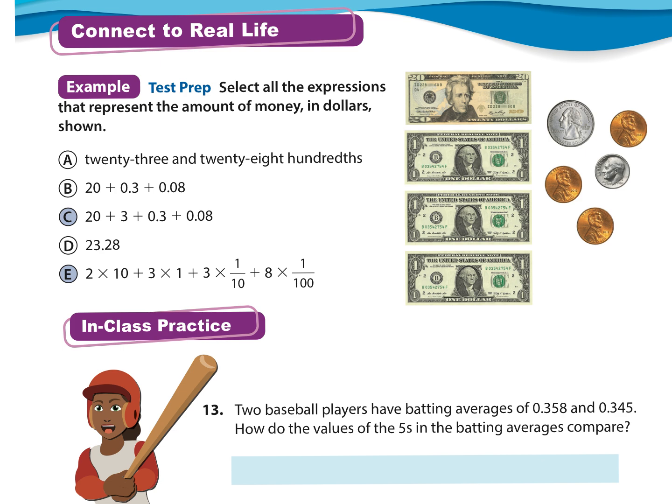the same number. C and E would be your examples. 2 times 10 is the same as 20. 3 times 1 is the same as 3. What's wrong with B? What did it leave out?